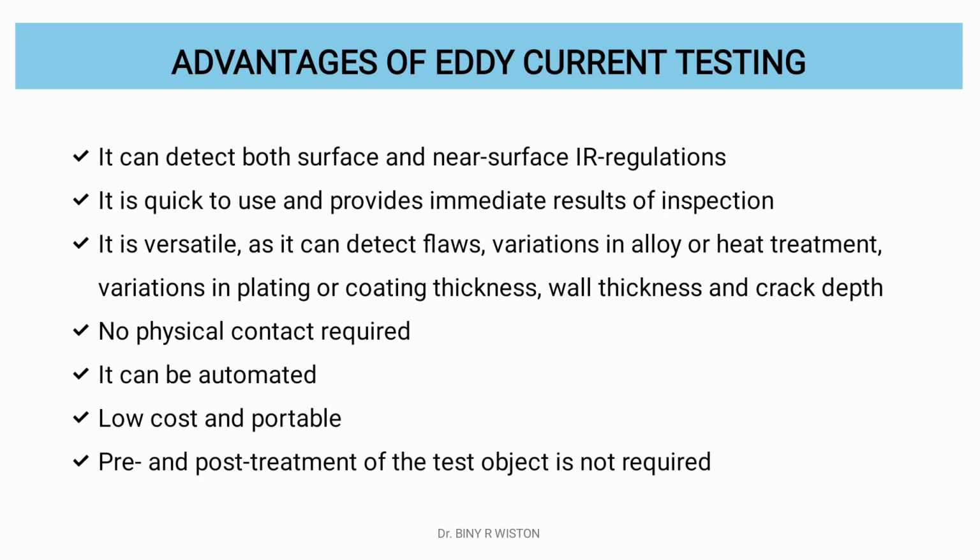No physical contact is required for this testing. It can be automated. It is a low cost and portable testing method. Pre and post treatment of the test object is not necessary in eddy current testing.